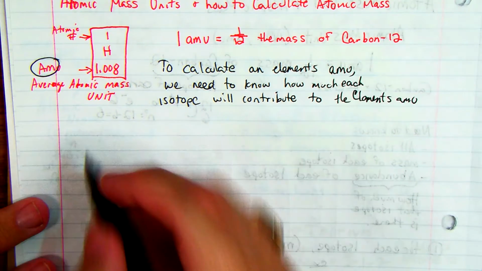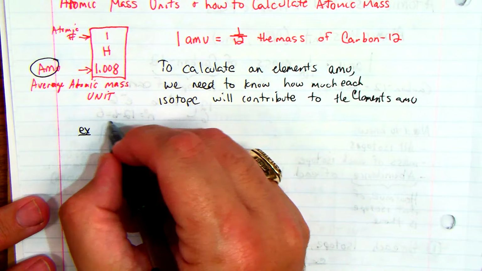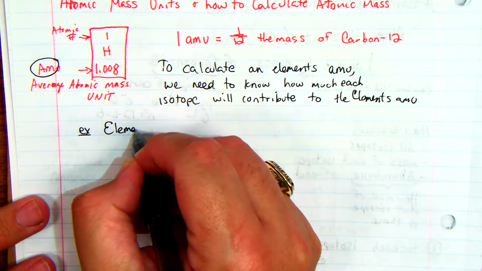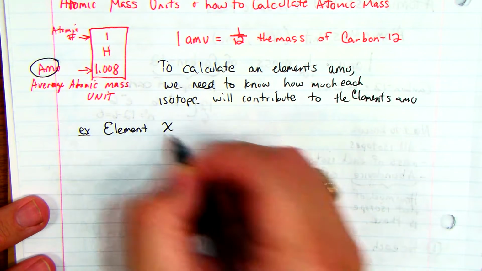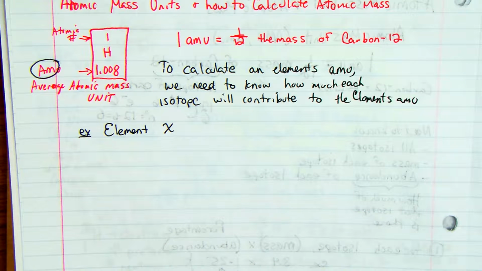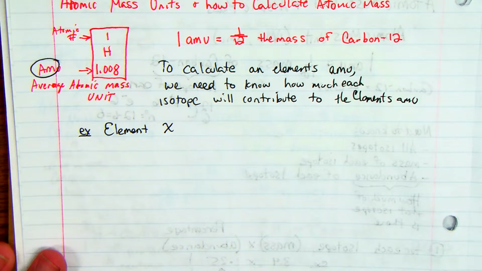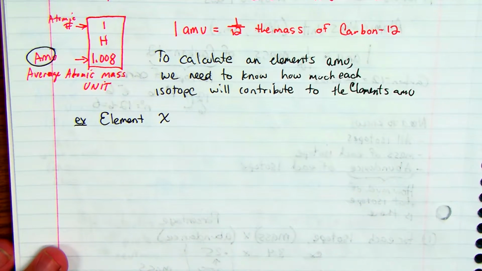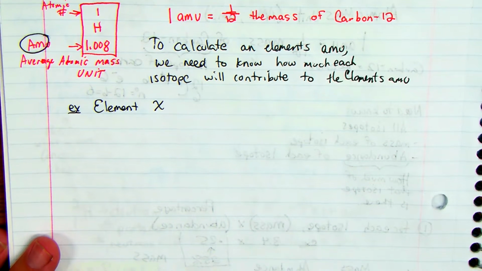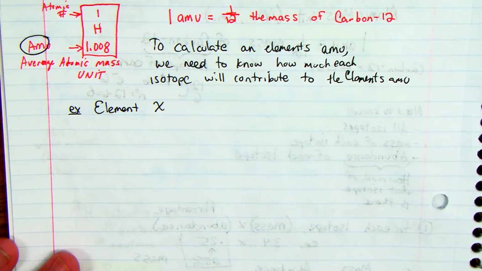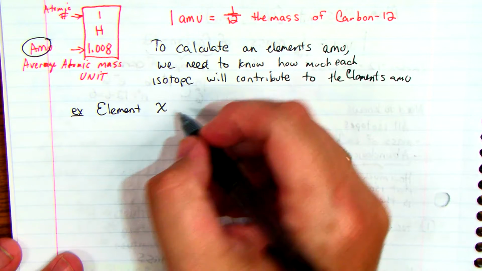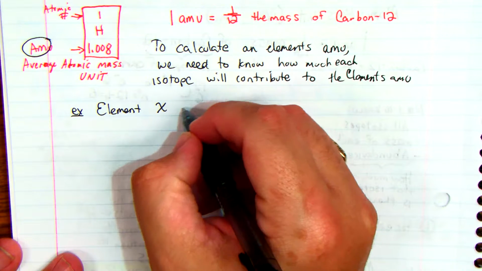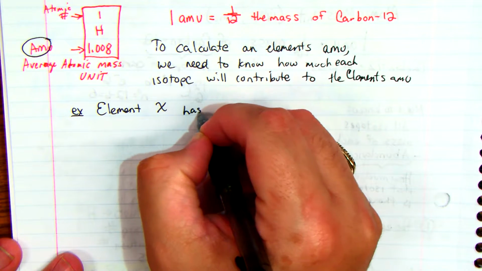And our example is going to be for element X. And we don't know what element X is. So it's an unknown element. And believe it or not, on the periodic table, there's no element called element X. Now, element X has two isotopes.